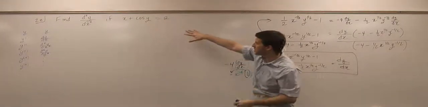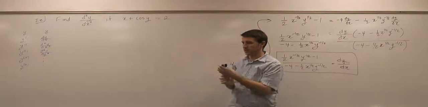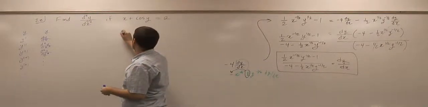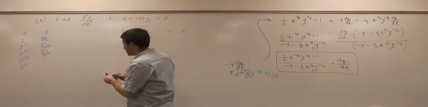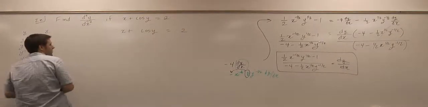So because y is not solved for, I'm going to do implicit differentiation. So x plus cos y equals 2. Derive both sides with respect to x.